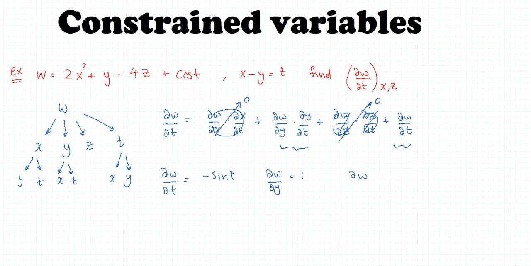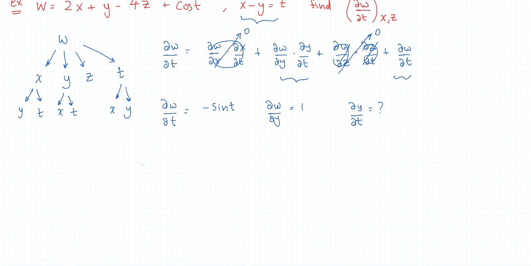Finally, we need to find dy by dt, so we need to compute this. In order to compute this, we're going to use this equation over here. So we know that x minus y is equal to t, so let's differentiate the whole thing with respect to t.